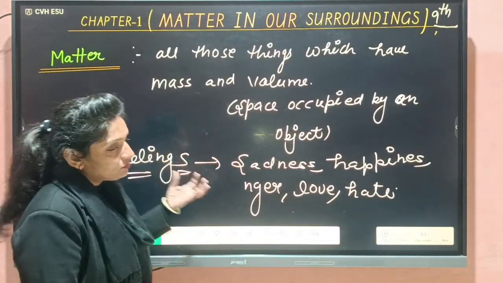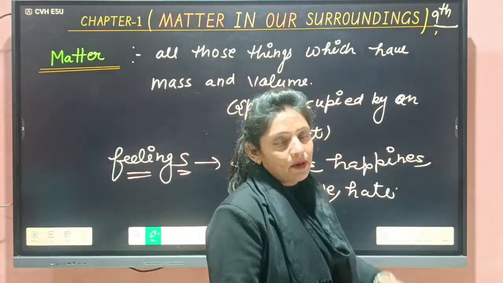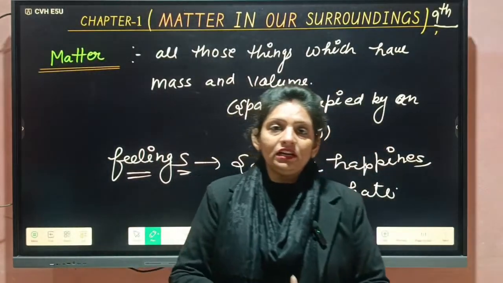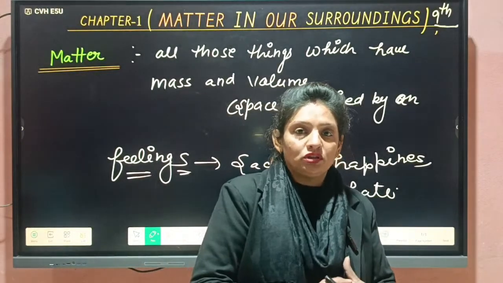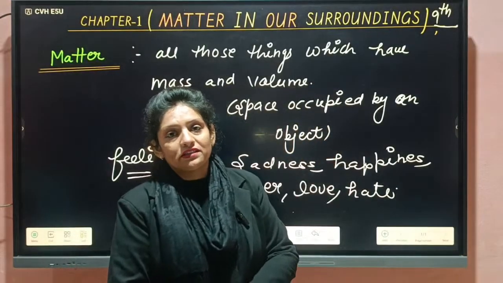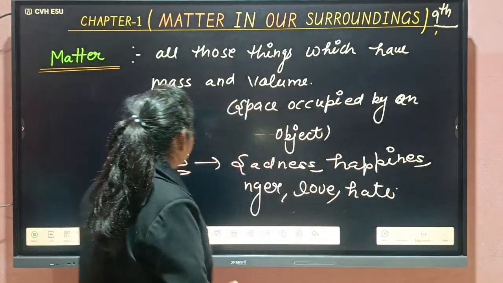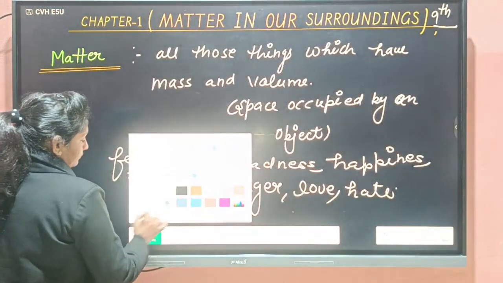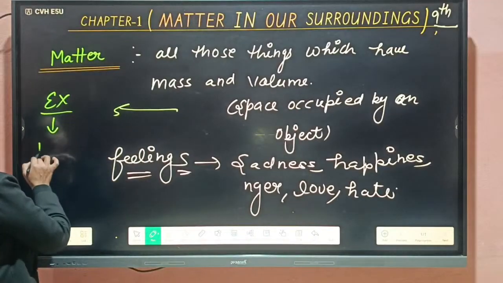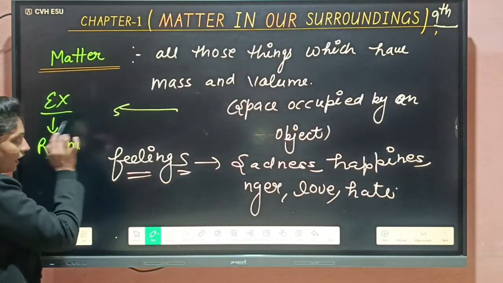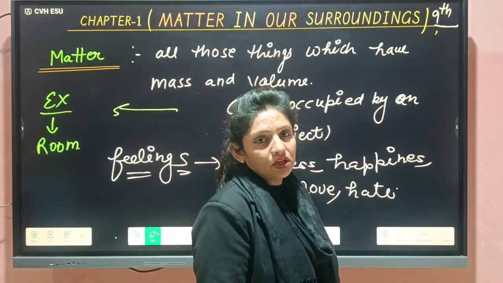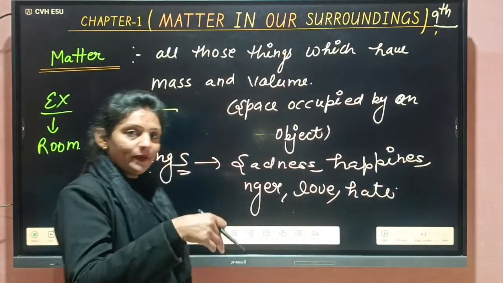So students, matter वो सारी चीजें होती हैं जिनका अपना मास होता है और जो कुछ ना कुछ जगह, कुछ ना कुछ स्थान घेरती हैं. मीन्स उनकी वॉल्यूम होती है, वो कुछ ना कुछ स्पेस ऑक्यूपाई करती हैं. So all those things are known as matter. For example, I'm standing in front of you in this room. This room is also matter because it has mass and it occupies some space.